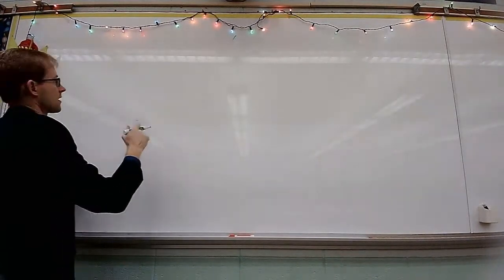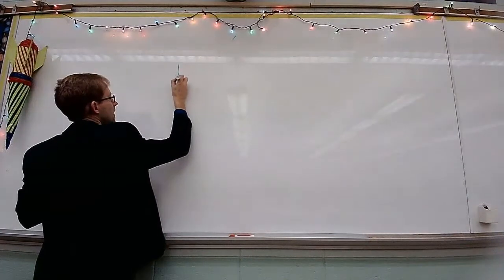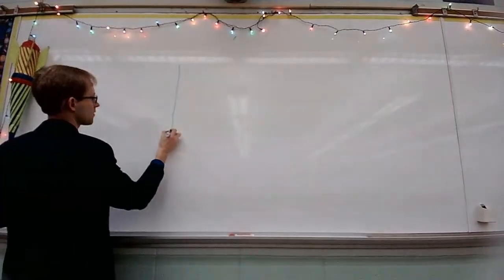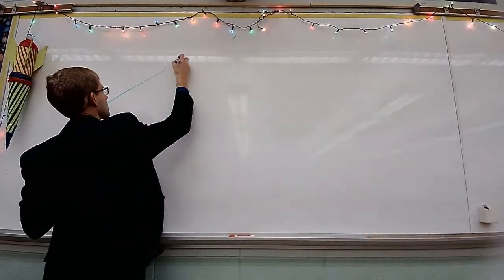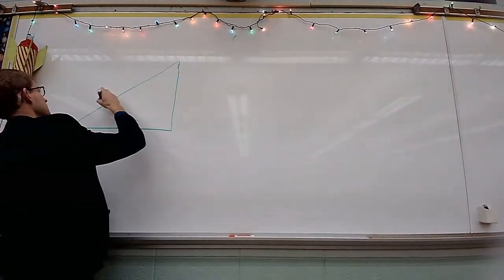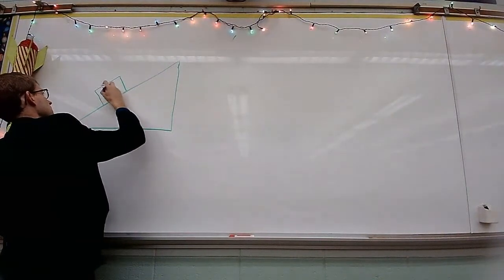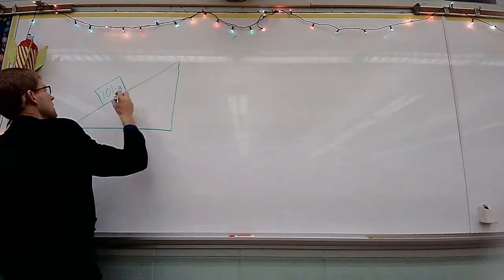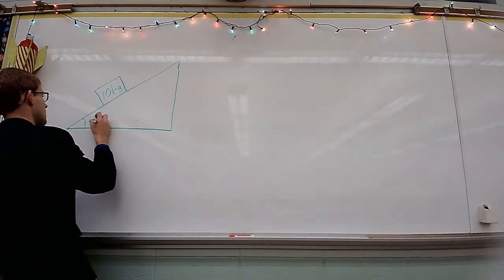I'm going to make the incline different from the last one we did in class. We'll make the incline going this way. 10 kilograms there. We'll use that same 40-degree angle.